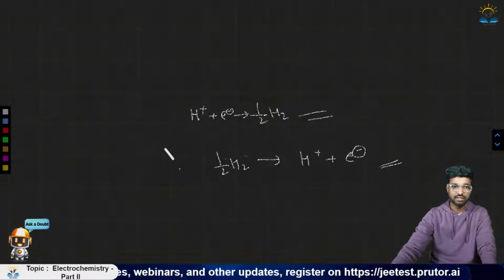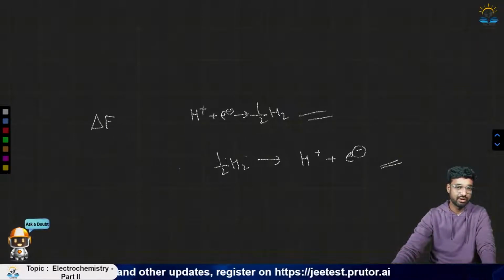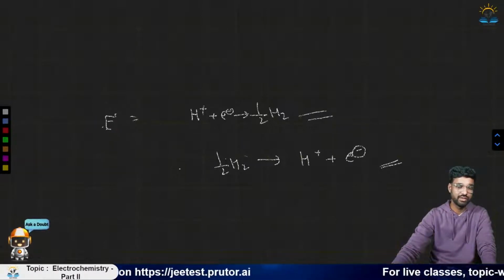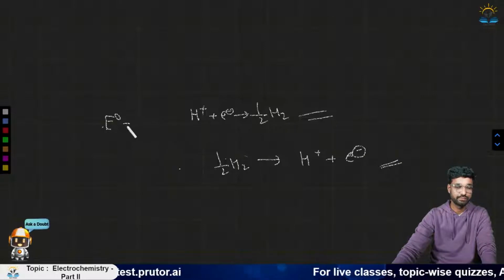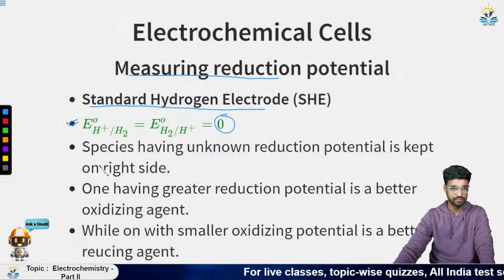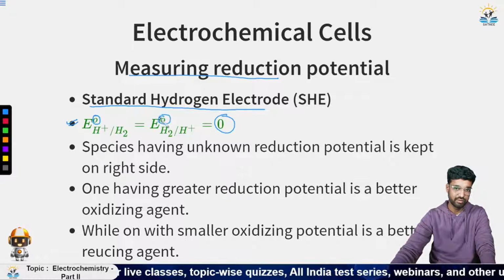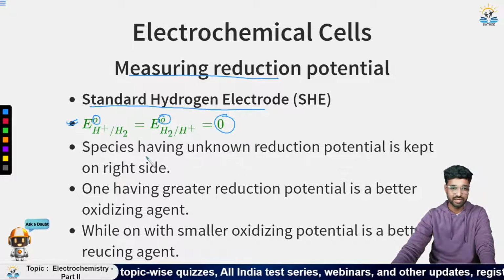In both these conditions, the E naught that will be found will be equal to 0. The thing to mention is that the E naught value is 0 because it is taken at standard condition only.